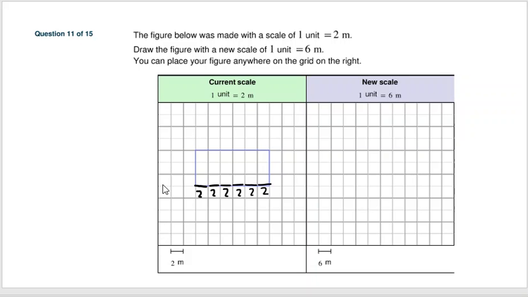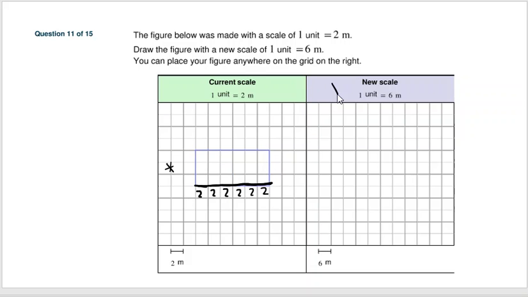Okay, so when we look at this right here, that means that the length of this figure would be 2, 4, 6, 8, 10, 12. That would be the total length of this figure, okay?